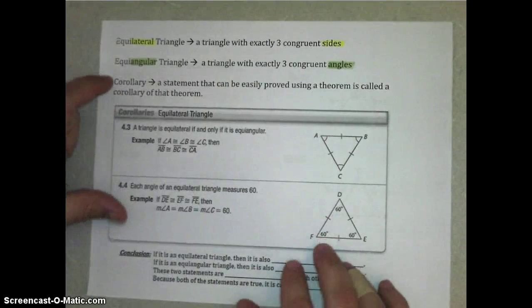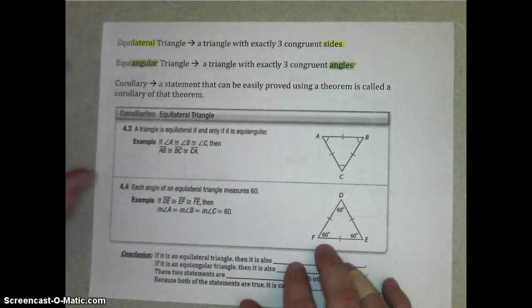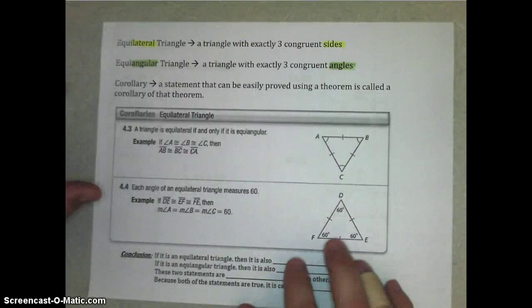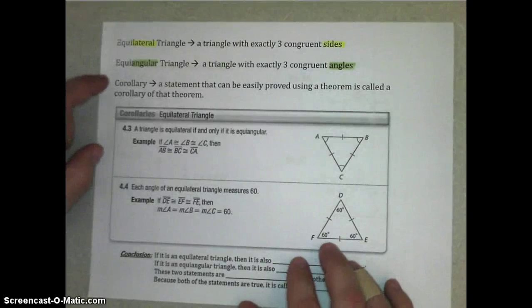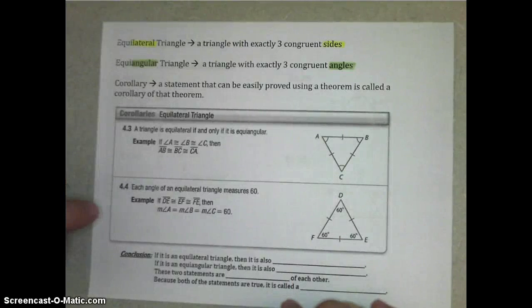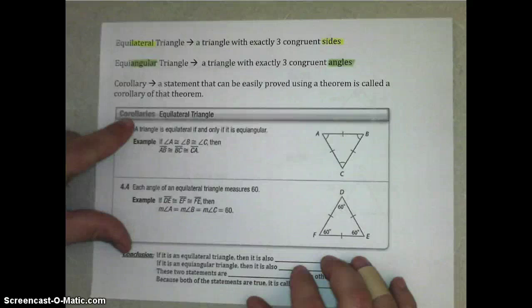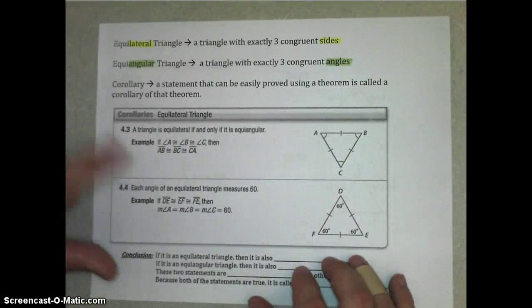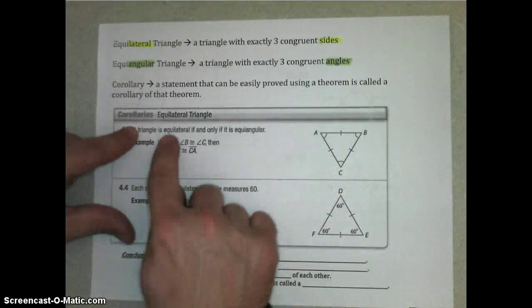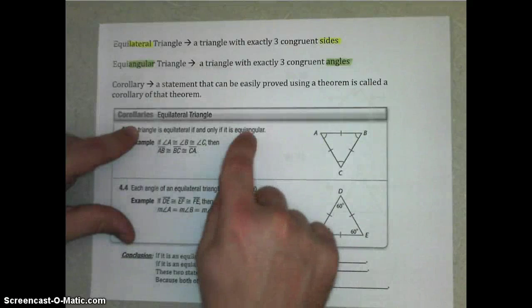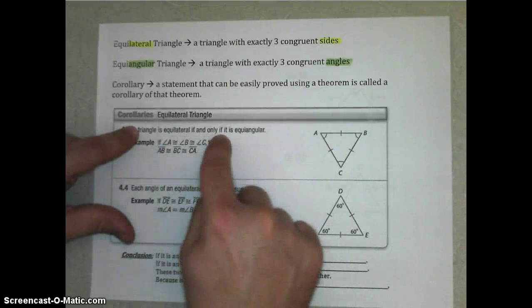So again, we've seen this in previous lessons, but corollaries are statements that can be easily proven using a theorem, and so we call those corollaries of that theorem. And so we have corollaries of our isosceles triangle theorems here, and that first one is the equilateral triangle. It says this: if a triangle is equilateral, it is also equiangular, and the converse, and so we say that is if and only if.